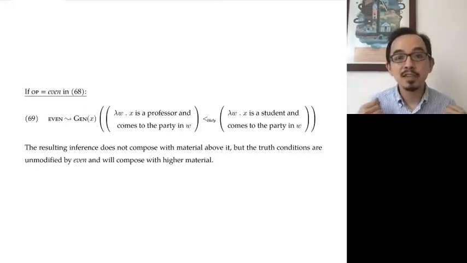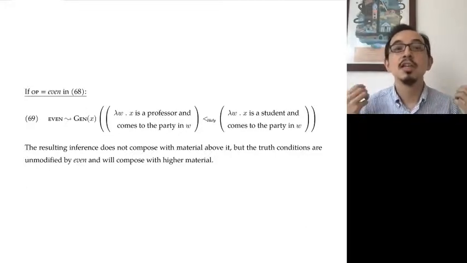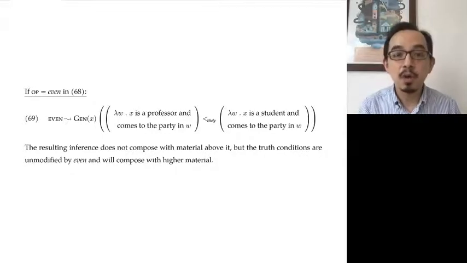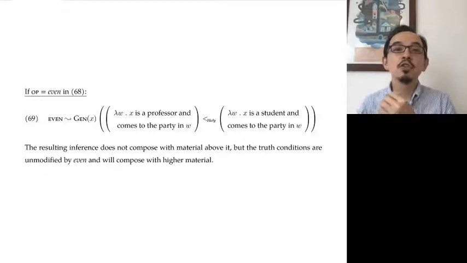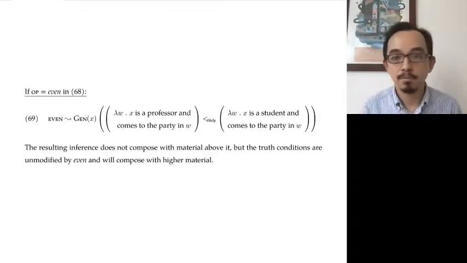And then we end up with just the at-issue assertion, a professor came to the party, or future, a professor will come to the party, together with this presupposition that it's less likely to be a professor and come to the party than to be a student and come to the party.